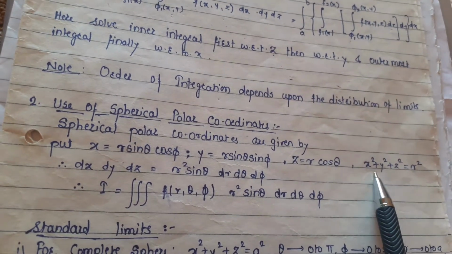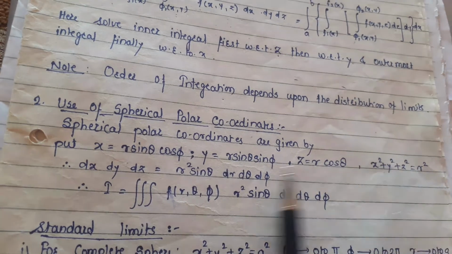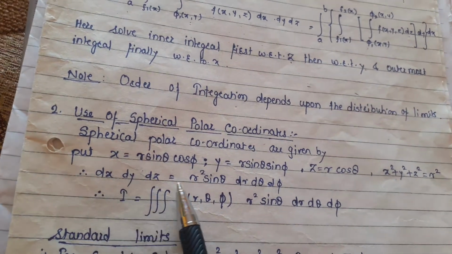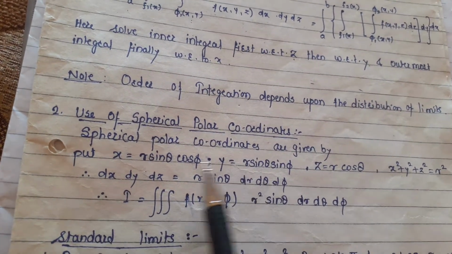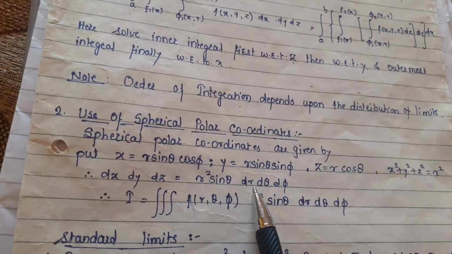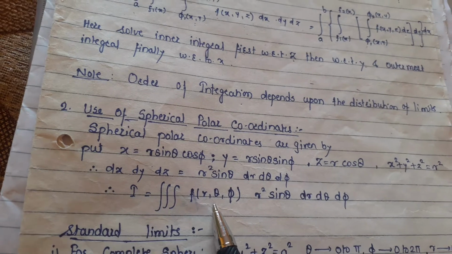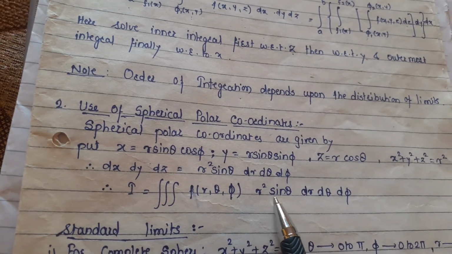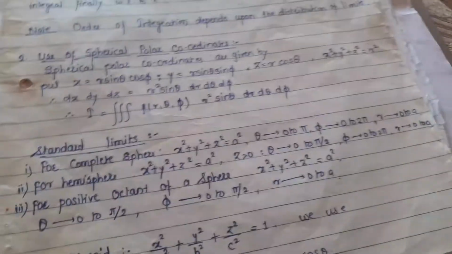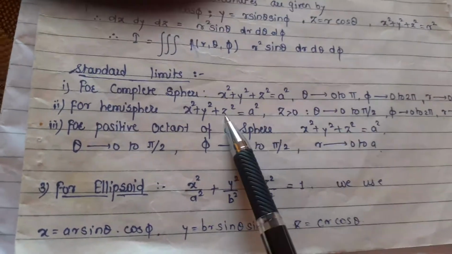So x square plus y square plus z square is equal to r square. Therefore dx dy dz is equal to r square sin theta dr d theta d phi. So the integration becomes triple integration of f of r theta phi, r square sin theta dr d theta d phi.